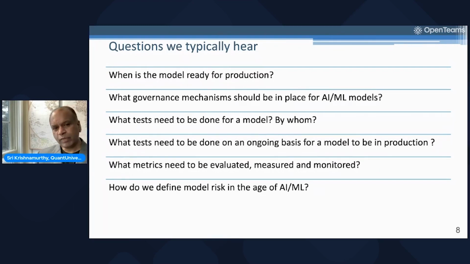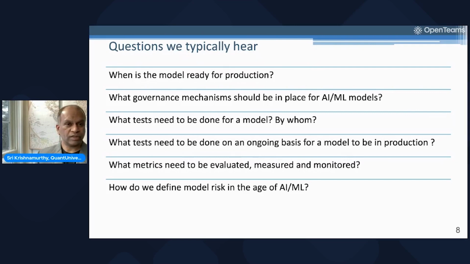And then what kinds of metrics need to be looked at? Because machine learning models bring their own flavor of different ways in which you can evaluate and test models. How do you test them? How do you measure them? How do you monitor them? And then with model risk evolving, how do we see model risk in the age of AI and machine learning? So these are the kinds of questions we typically hear in the enterprise.